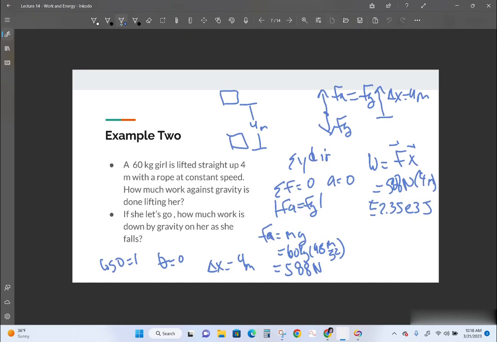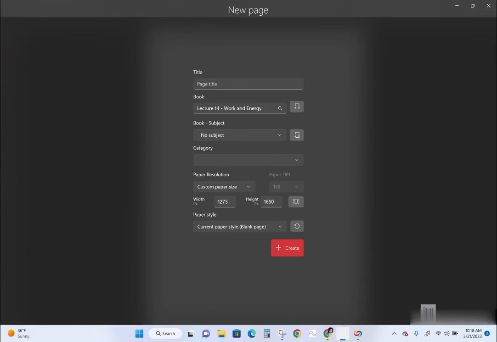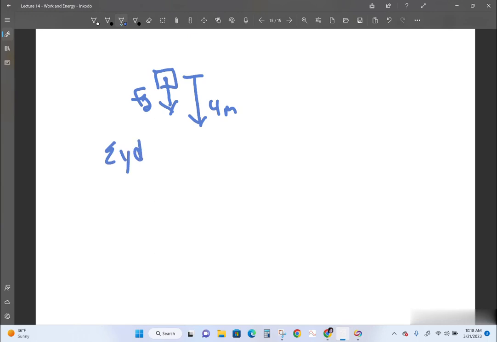Well, actually, let's just add another page here. So now she's going to fall down 4 meters. The force that's going to cause her to fall down is Fg. So in the y direction, she's accelerating, right? She's moving and getting faster.